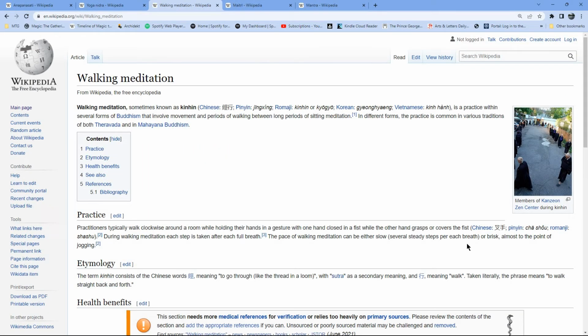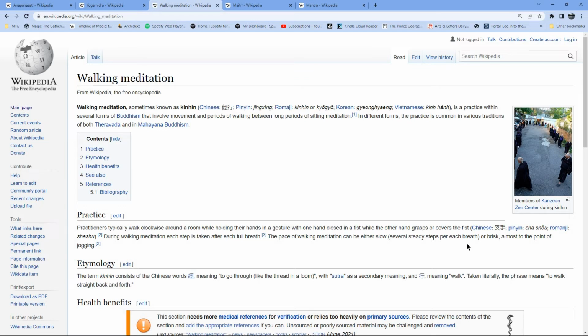A third type of technique, and this is one that I've only really started to use recently, is walking meditation. And I suppose part of that is a bit of a misunderstanding I had about it. I always used to think incorrectly that it had to be done slow, and it was usually done between long periods of sitting meditation.